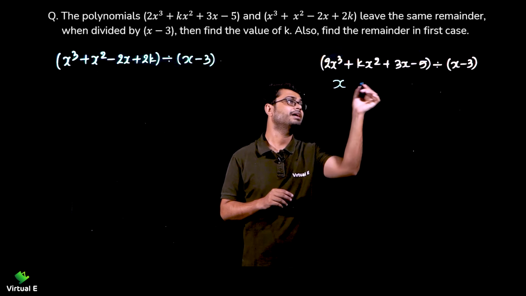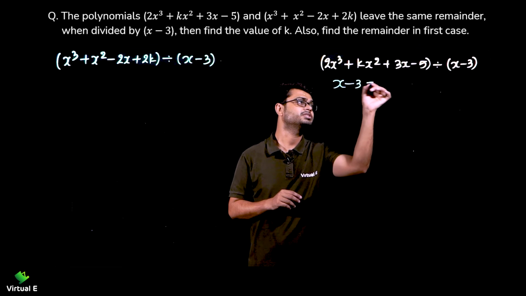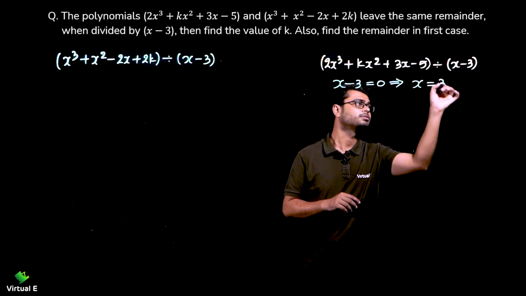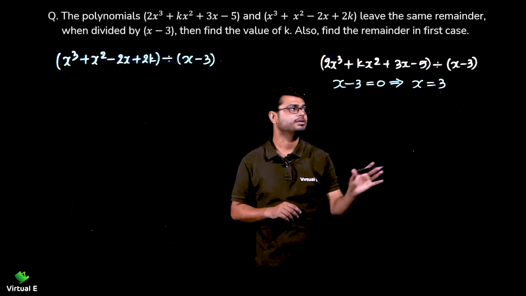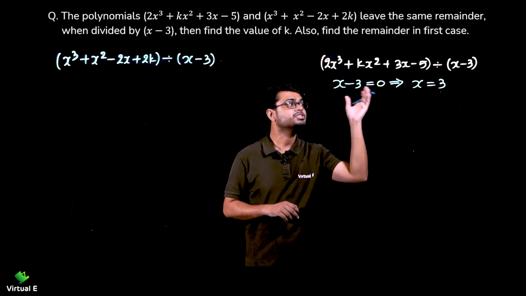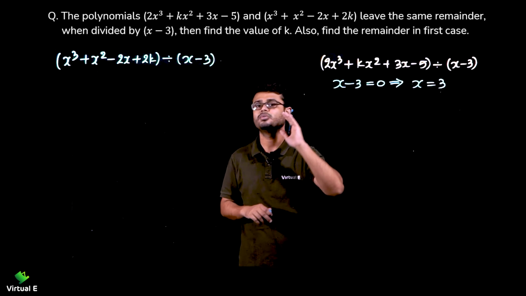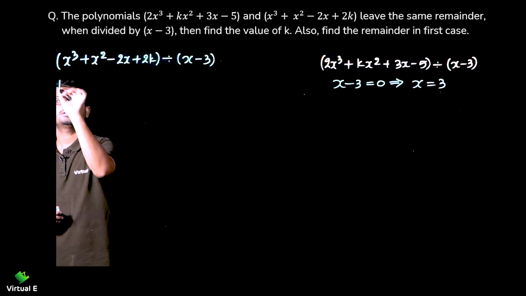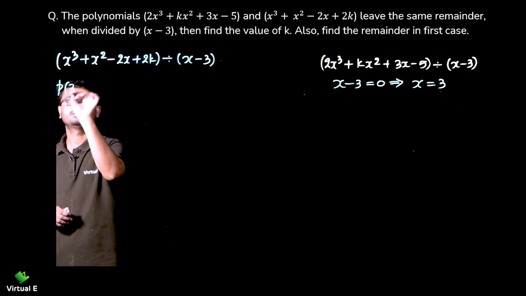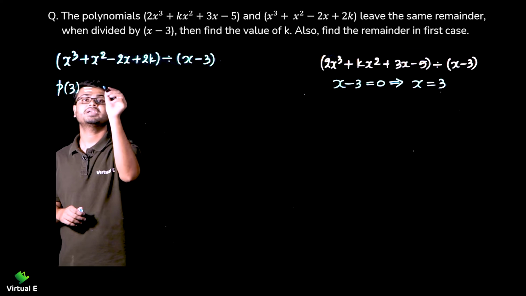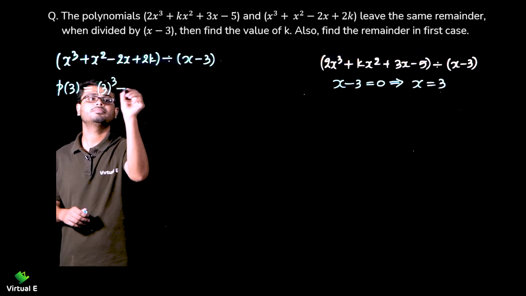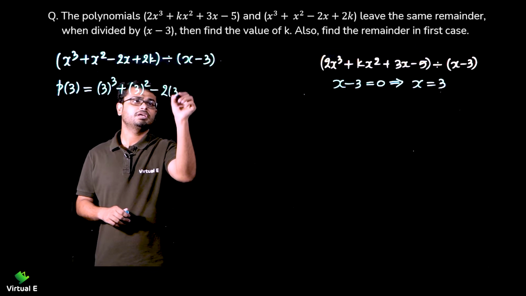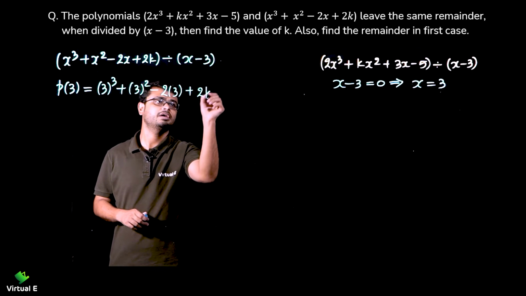So we will equate the divisor to 0. So we get x is equal to 3. Now this value x is equal to 3, we are going to substitute in both polynomials one by one. So first of all, let's start over here. So I can write here p of 3, and instead of x cubed, I will be writing 3 cubed, then 3 squared minus 2 into 3 plus 2k.